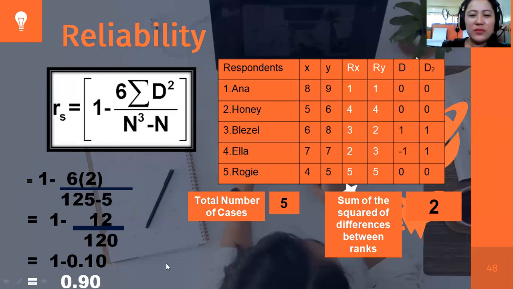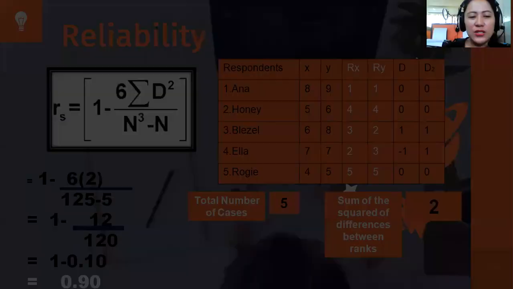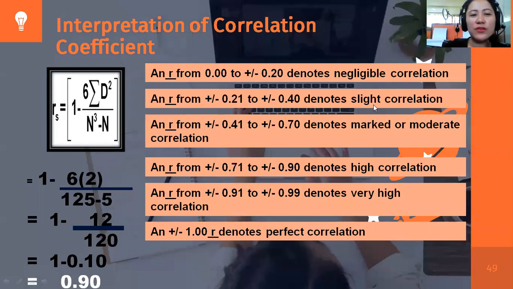So how do we interpret it, whether it is highly correlated or not correlated? Interpretation of the correlation coefficient: an R from 0.0 to positive or negative 0.2 denotes negligible correlation, meaning your research instrument is not reliable.